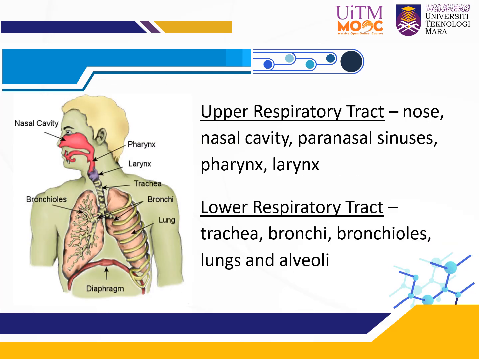On the left side of this slide you will notice there are two divisions of the respiratory system: the upper respiratory tract, which includes the nose, nasal cavity, paranasal sinuses, pharynx, and larynx, and the lower respiratory tract, which includes the trachea, the bronchi, bronchioles, the lungs, and the alveoli.